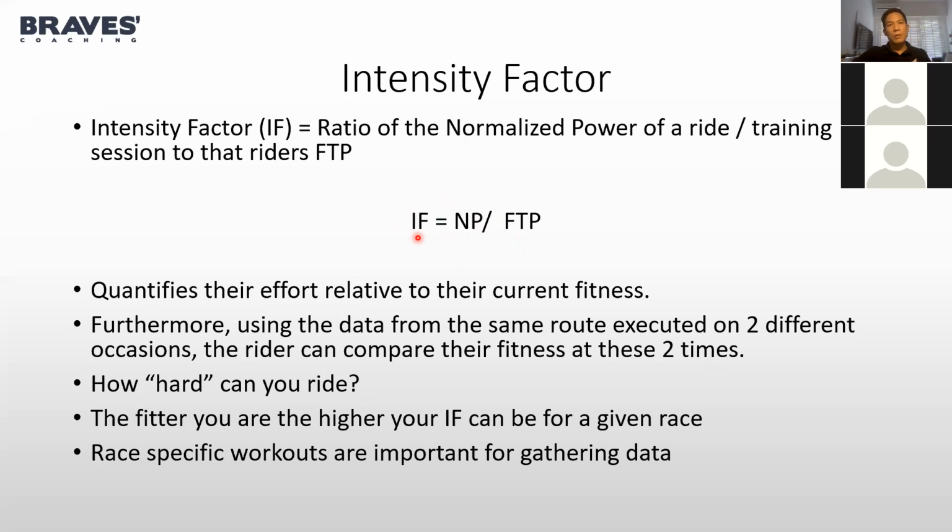So that's the metric that we can use going into the race to give us a goal to hit and motivate us to push hard on the bike. Or if in training we've tested it, we know the IF for 90 Ks on the bike.